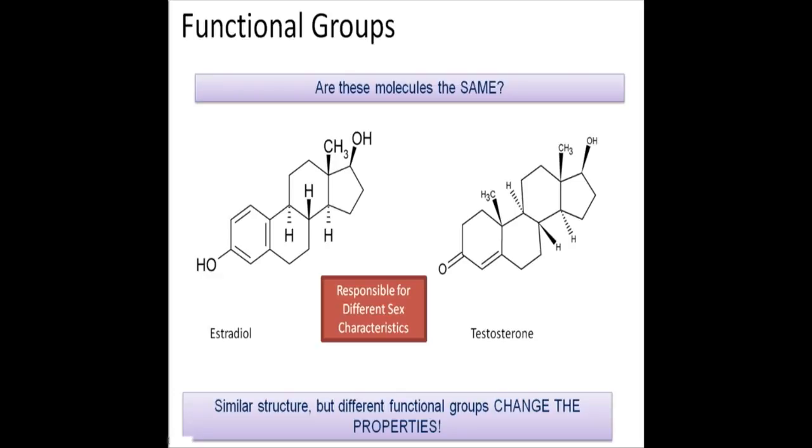So completely different, but only the differences are in the very few functional groups that they have. So similar structure, but functional groups change the properties. And shape is related to function in biological compounds. And see you next time.